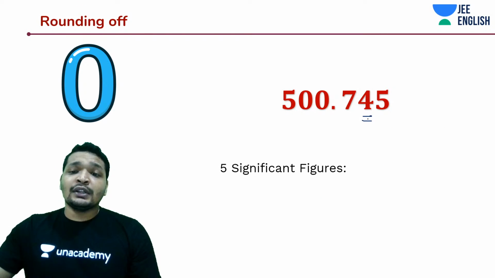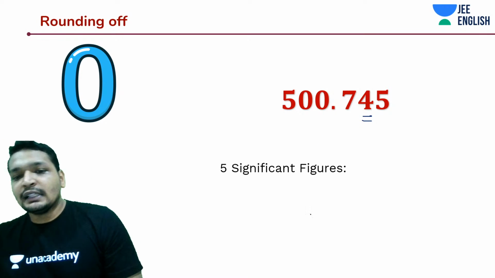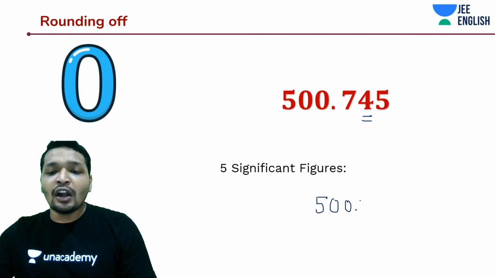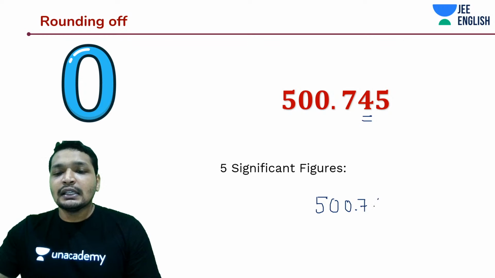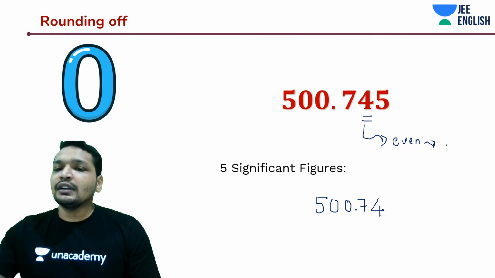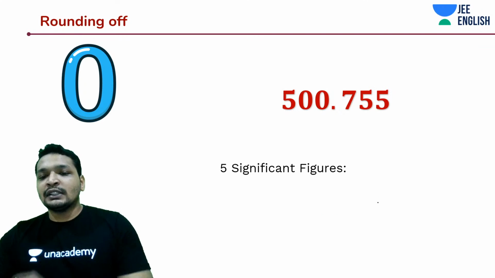And now what would this be? Yes, it's the 5 rule. And how do you round off this one? 500.74 itself. Since this is even, you like to keep things even, so you would not increment it. And how about this?